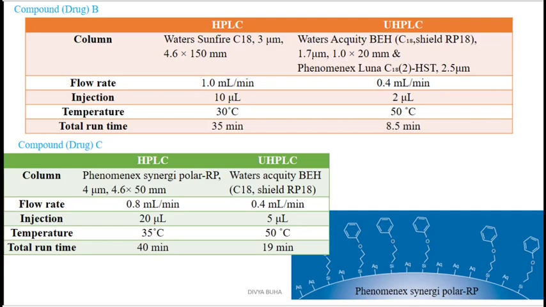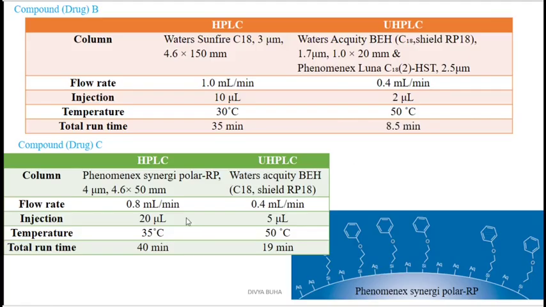So that's why it is referred to as polar RP columns, that is polar reverse phase columns, wherein the mobile phase which could be used would be polar in nature and the stationary phase would be non-polar, and again it could be used for the separation of drugs which would be mainly polar compounds.